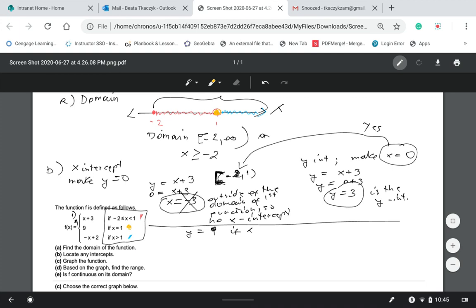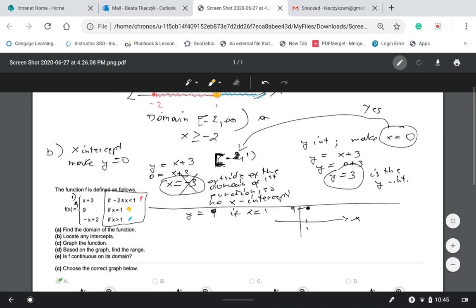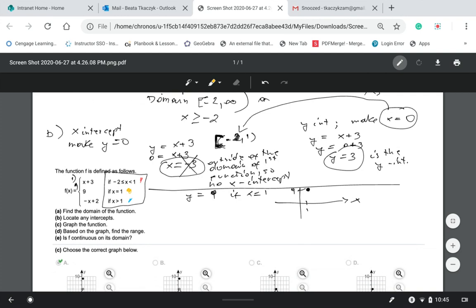If x equal 1, so if you need to graph the second piece, you're going to locate x equal 1 on the x-axis and y equal 9 on the y-axis, and technically the second function just gives you a point. So it's just a point. We don't have an x-intercept and no y-intercept for the second piece. Okay, and function number 3.